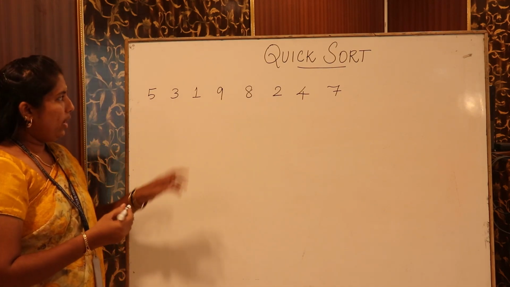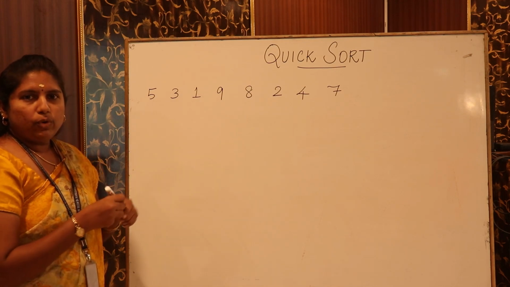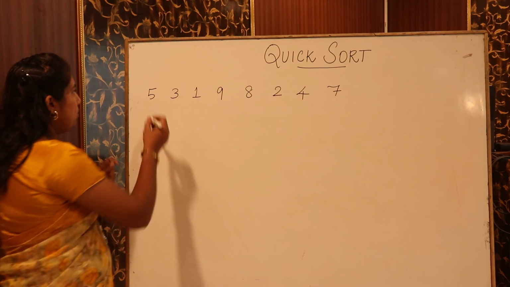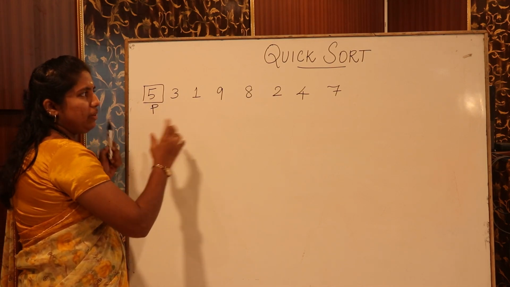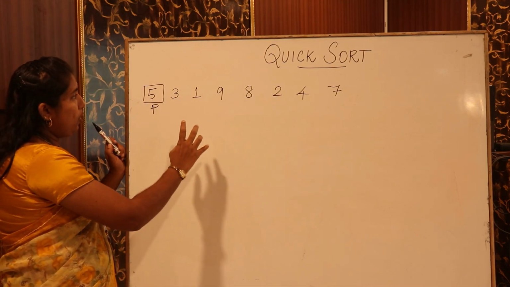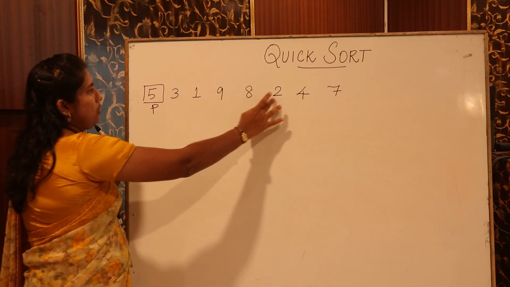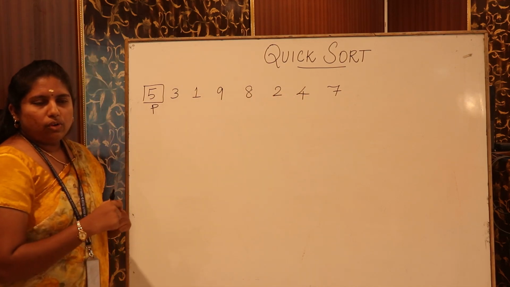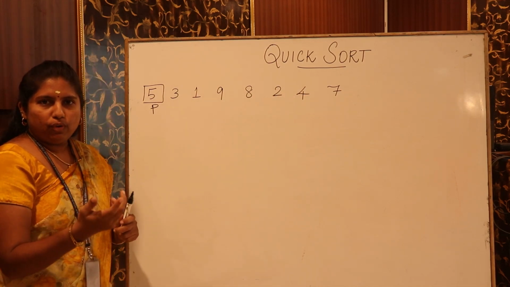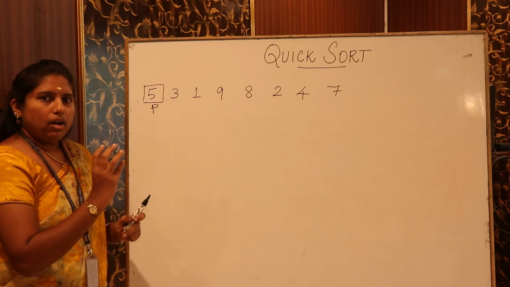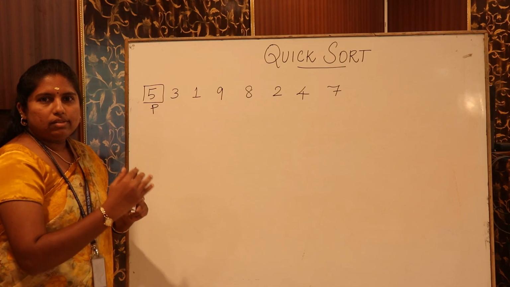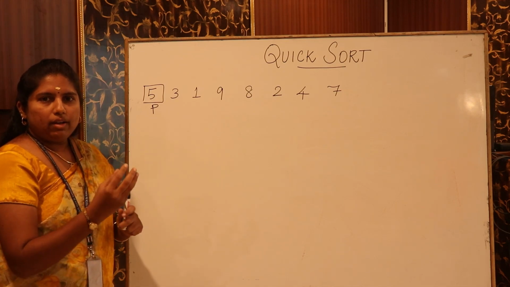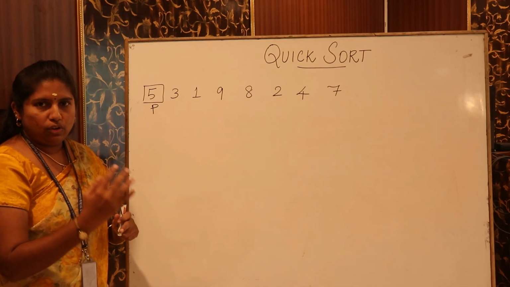I have given one example here, and I am going to consider the first element as my pivot element. Here I have a list of around 8 elements. Whenever we perform sorting, we arrange the elements in array format, where the index value starts from 0 onwards.